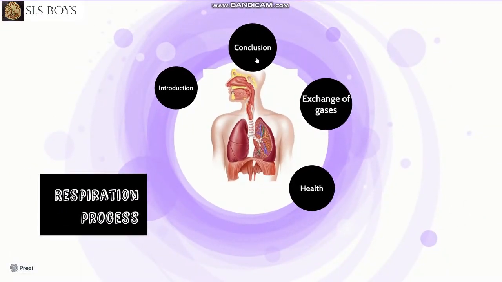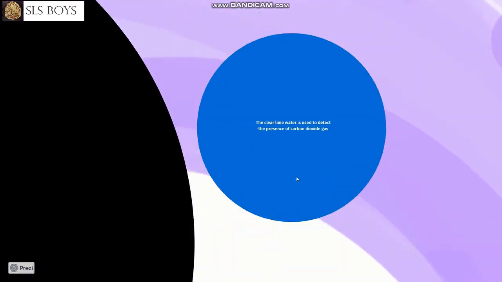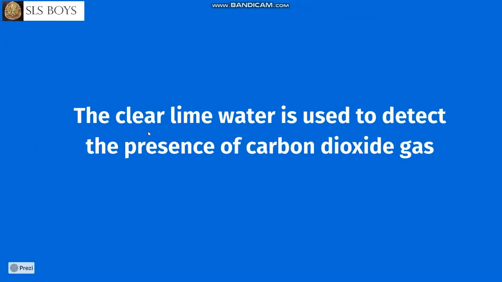So the conclusion of the respiration process is that the exhaled air contains carbon dioxide gas and water vapor, while the inhaled air contains oxygen. But you have to know that clear lime water is used to detect the presence of carbon dioxide gas.